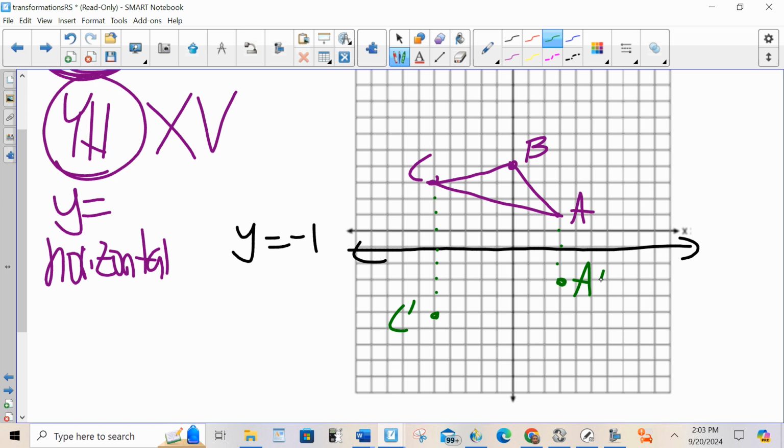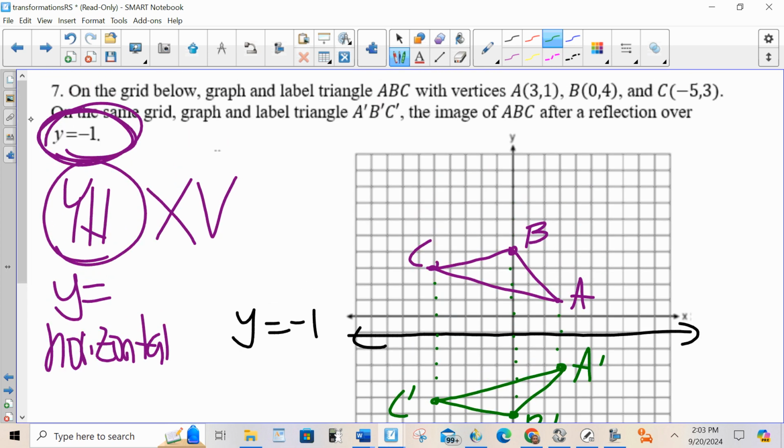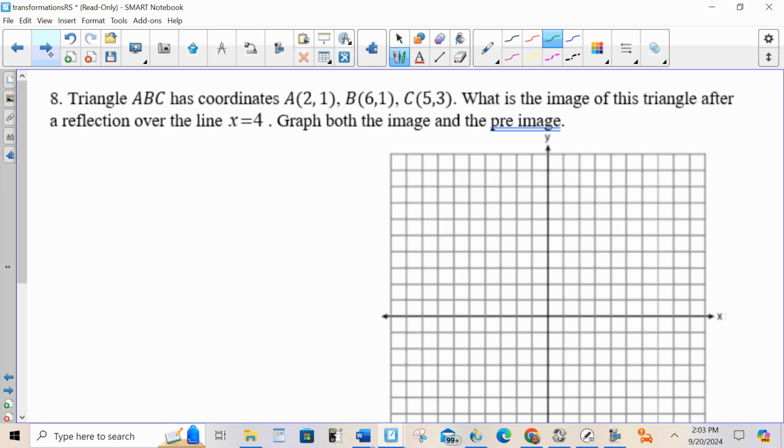And B is down 1, 2, 3, 4, 5. Connect them. It should look the same. It should be the same size. It's just reflected over that line. Looks good to me. Again, if it says to state the coordinates, state the coordinates. If not, then just make sure you label.